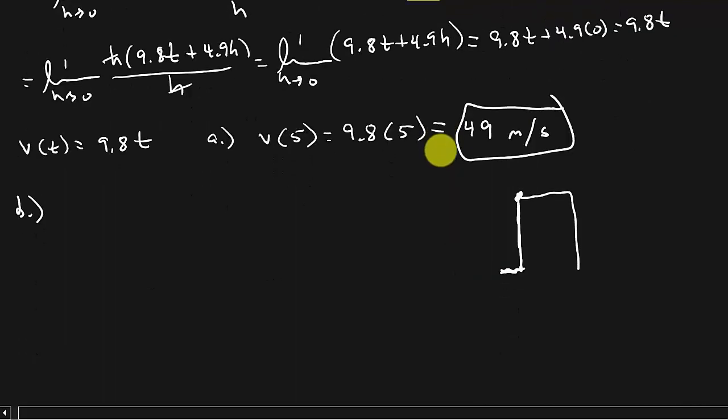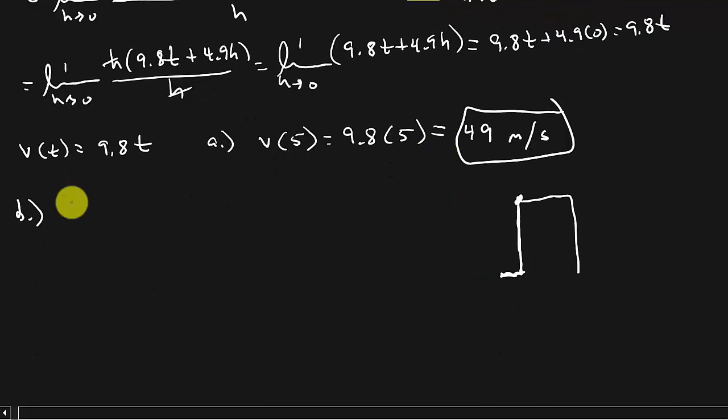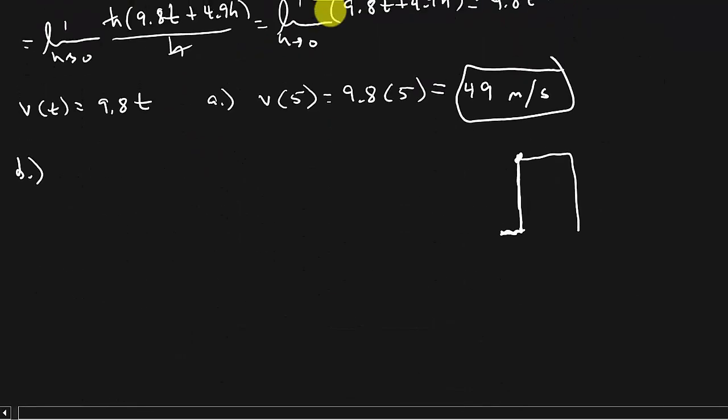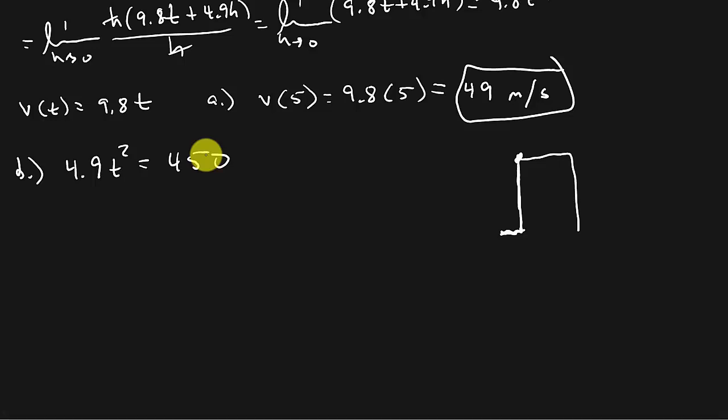So we need to know when is this position function, 4.9 t squared, that tells you the height of the ball. When does 4.9 t squared equal 450? When has that distance that it's traveled, when is that equal to 450? Because that's how far it has to fall before it hits the ground.